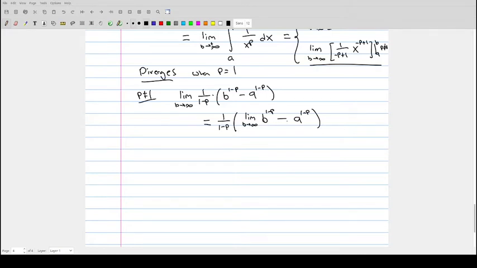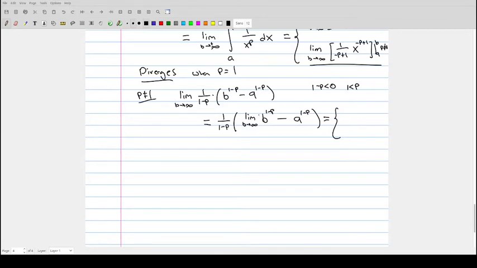And it turns out that this limit only exists if this exponent right here of b is negative. So 1 minus p is less than 0, or if p is greater than 1.